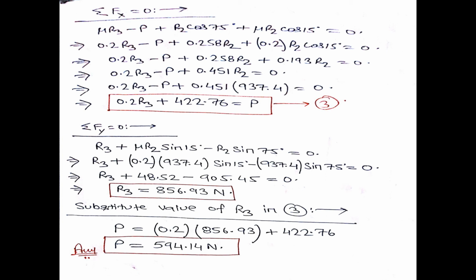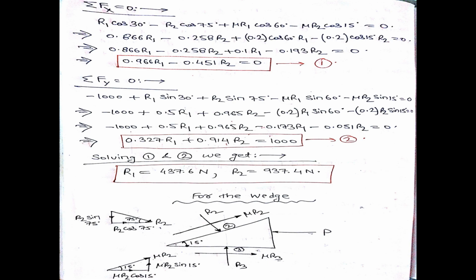Similarly, I can go for summation Fy equal to 0 for the same block, that means for the wedge. So if I write summation Fy equal to 0, what can I write? Since the weight of the wedge is negligible, I will not consider it.